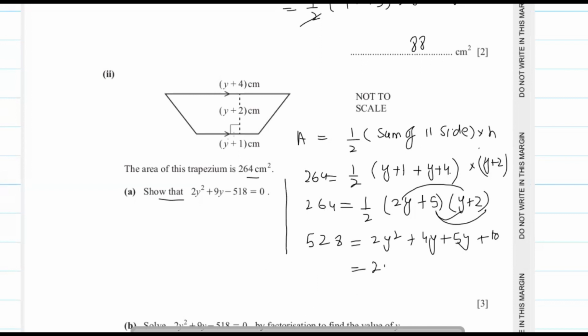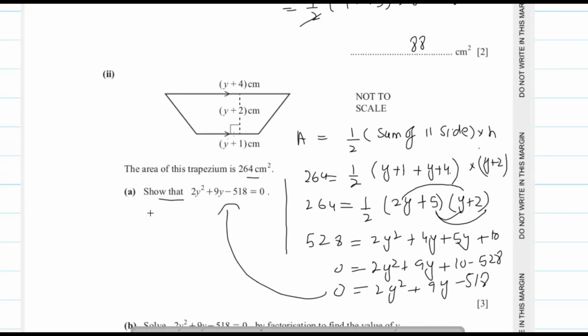This will be equal to 2y square plus 9y plus 10. Minus 528, and this will be equal to 2y square plus 9y minus 518 equal to 0, and hence it is proved.